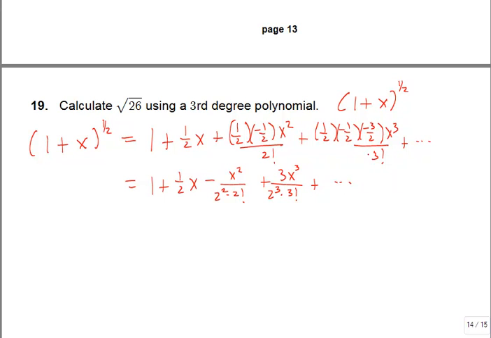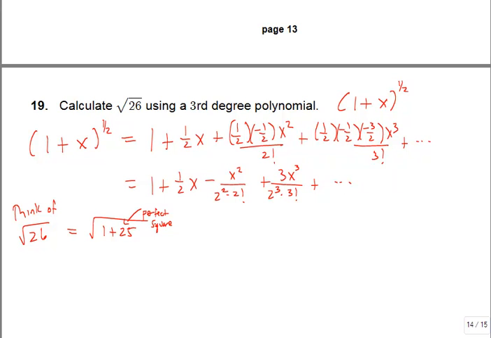Now, how does this help me with square root of 26? Well, what you want to do is you want to think of square root of 26 as 1 plus something. 26 is 1 plus 25. And 25 is a nice perfect square. You want to pick this number to be a nice perfect square if you can.